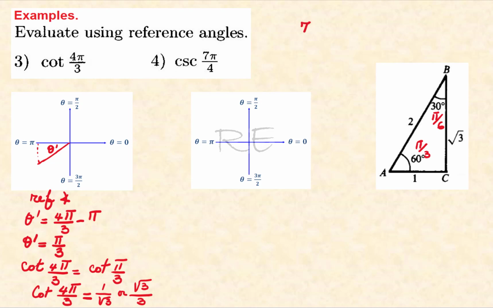7 pi over 4 is equal to 4 pi over 4 plus 3 pi over 4, and 4 pi over 4 is pi, plus 3 pi over 4. 7 pi over 4 is a fourth quadrant angle. Now we're going to look for the reference angle.